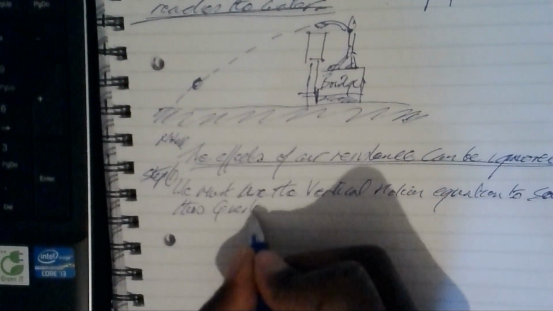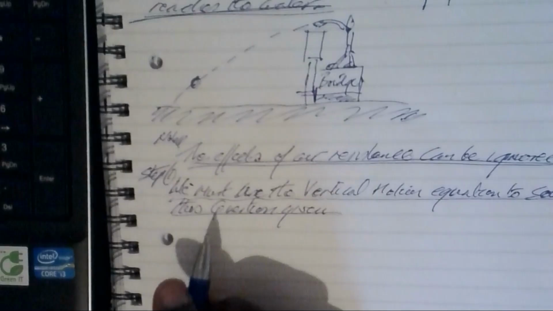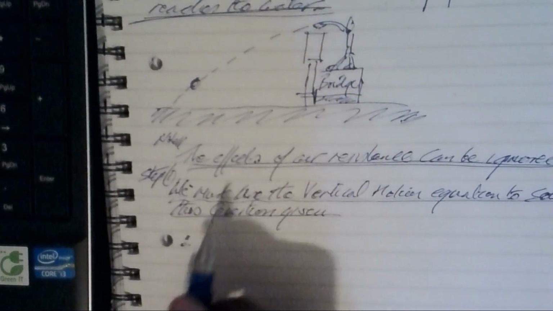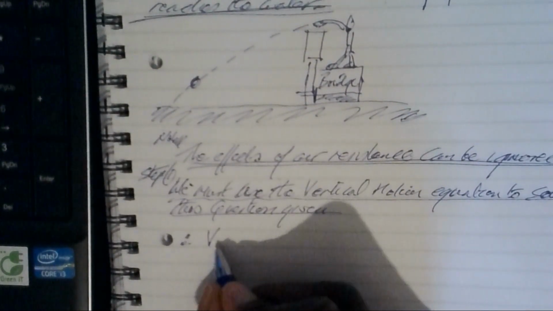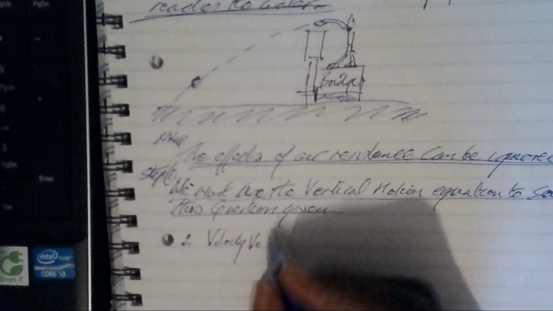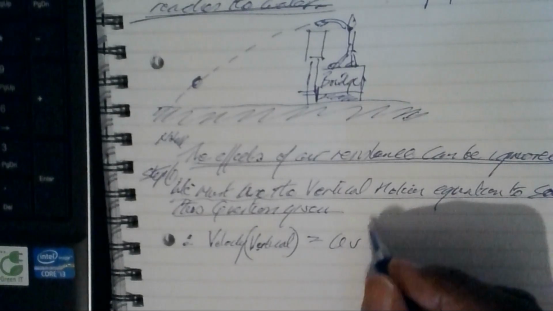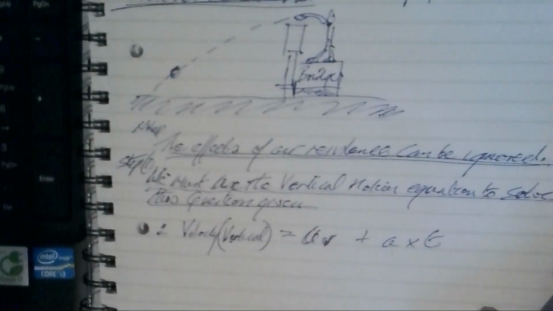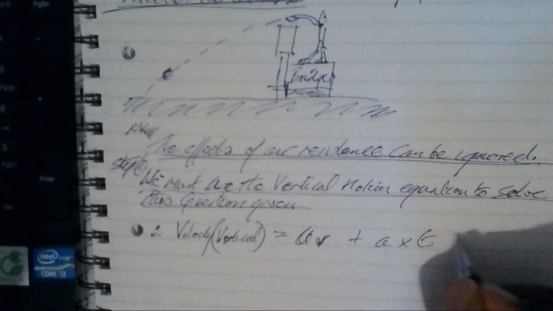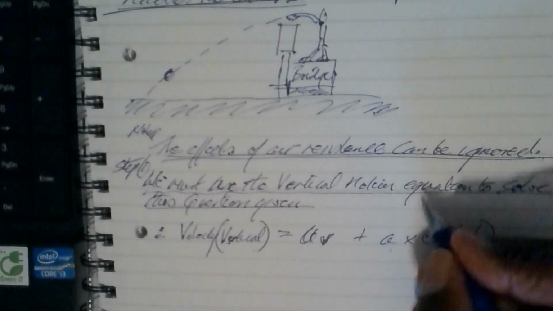So vertical velocity v equals u, the initial velocity, plus a times t, where a is the acceleration of the stone, the acceleration of gravity. Remember, the units for vertical velocity will be meters per second.